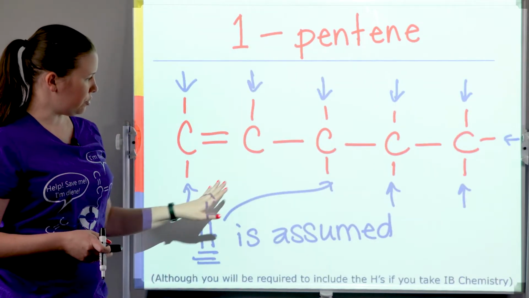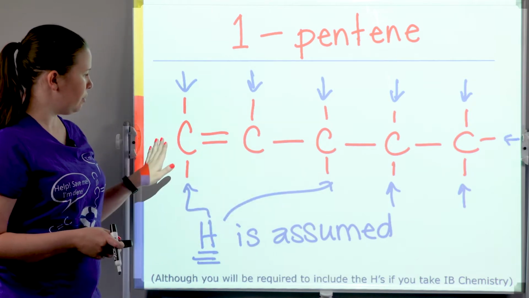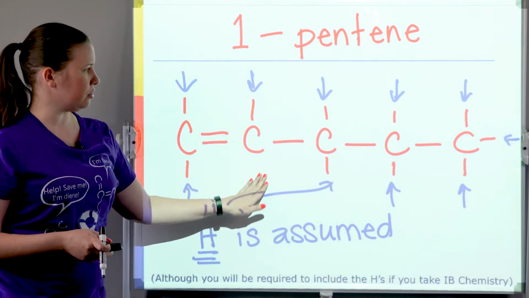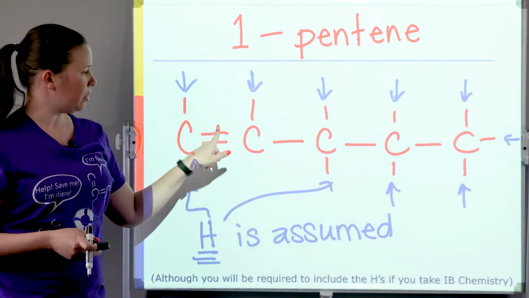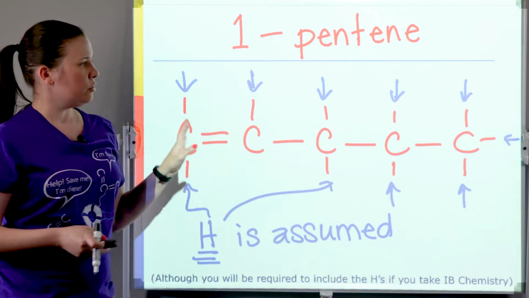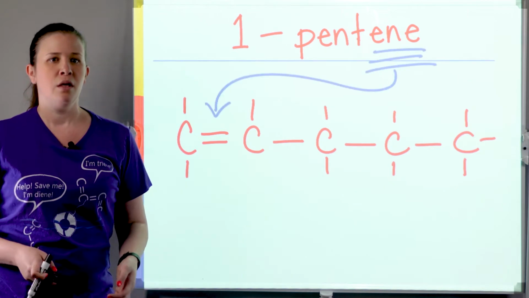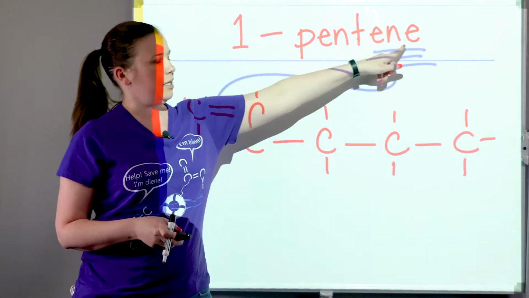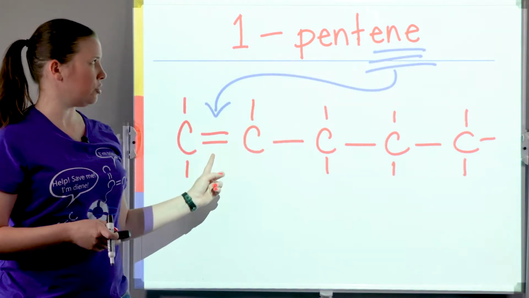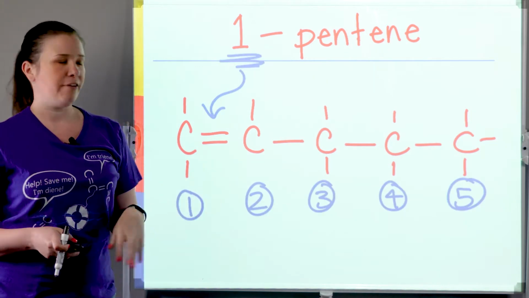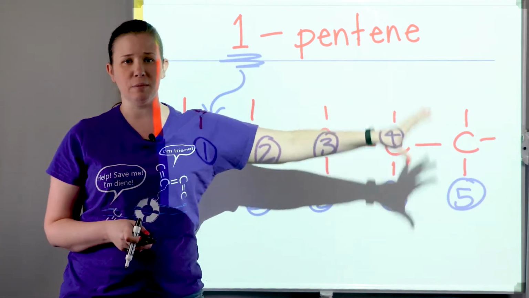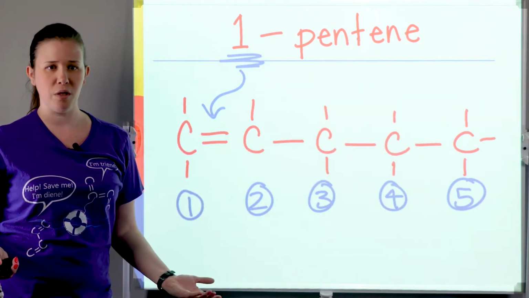First of all, the hydrogens that are attached are different. We have less hydrogen on the first and second carbon because I have the double bond there. So it would be assumed that the hydrogens fill in based on the octet rule. Then we change the ane to ene to acknowledge the double bond. And then finally, we have to say where that double bond is placed because it could be anywhere throughout the molecule.